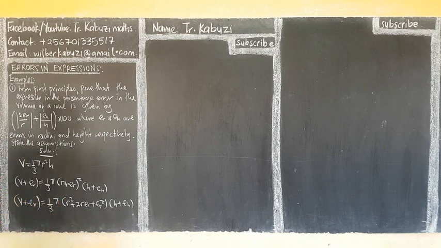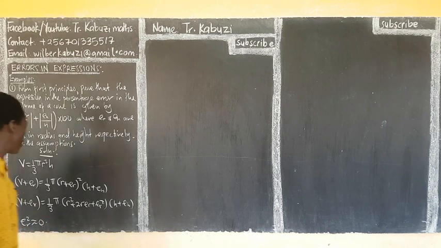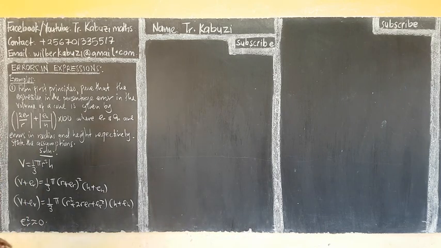But this one is very small, so you know that ER squared is very small, so it is going to approximate to 0. So what we are going to do now is expand that.